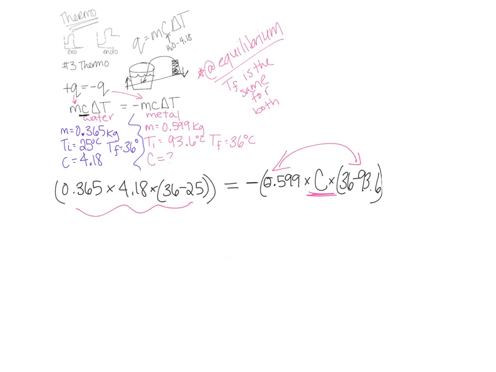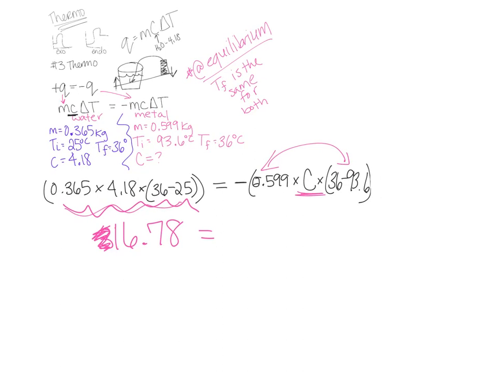Okay? So when you go to multiply, just for time's sake, I'm going to give you the answer. When you multiply all of these together, you should be getting 16.78 equals a positive 34.50, and then I have that C. Is that manageable?